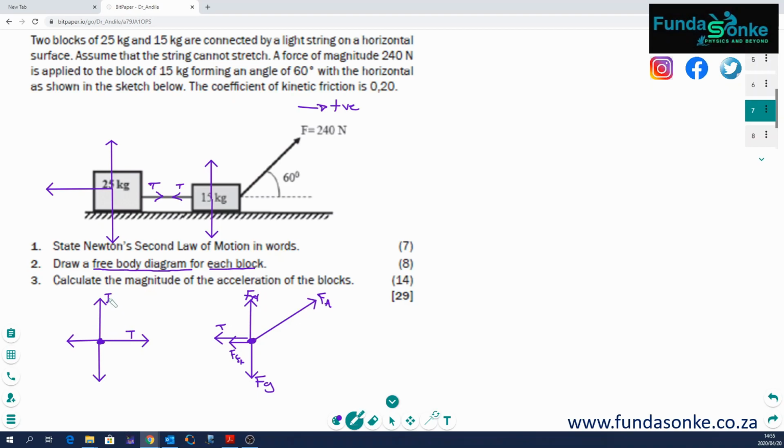Then we'll have our normal force, Fn. Then down here, we'll have our force due to gravity. Then to the left, we'll have our frictional force, small letter f. So this is how your free body diagram would look. So question number 2.